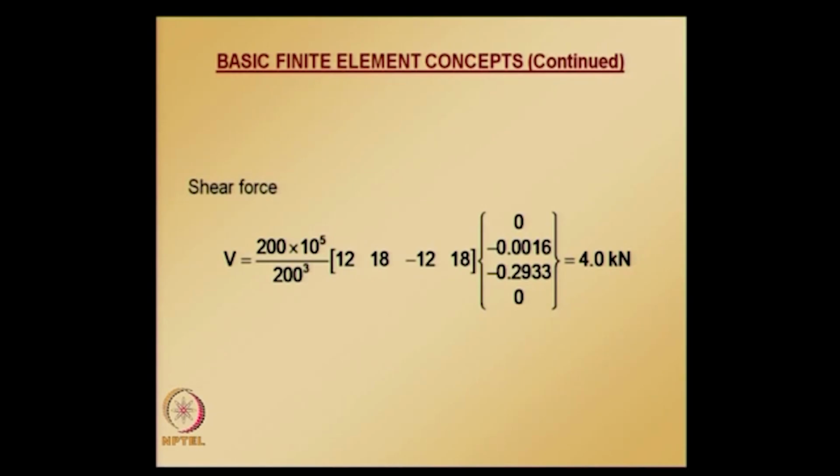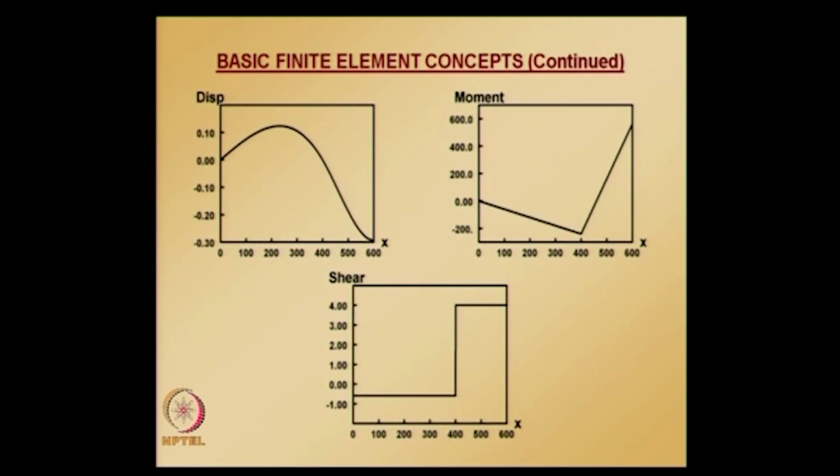So, substituting the values s equal to 0, s equal to 1 or some other value, we get the bending moment and shear force at any point along element 1 and element 2. Using these we can plot. So, the plot of displacement, moment and shear looks like this.